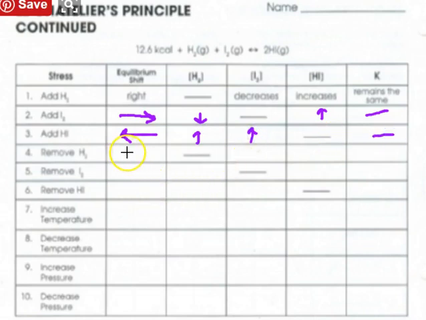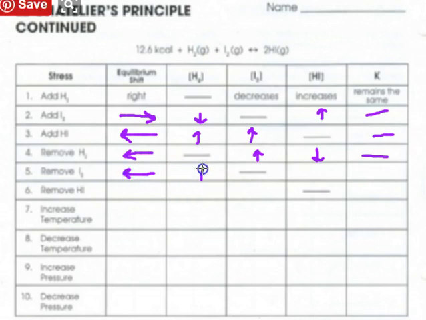What if we remove something? If you remove something, you move toward it. So if we remove the H2, we go toward it. That'd be going toward the reactants. I2 is a reactant, so it would go up, but HI is a product, so it would go down, and K would not be affected. If we remove I2, that's still a reactant, so we would go to the left.